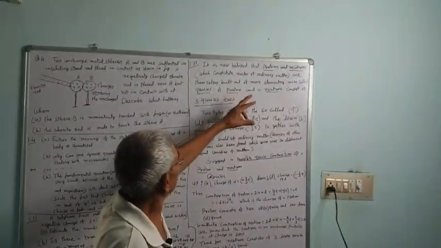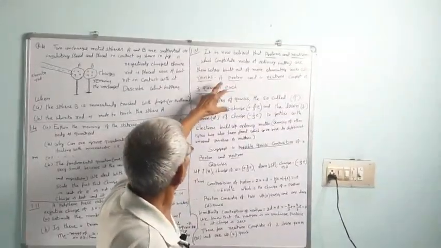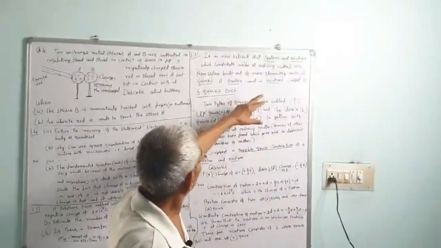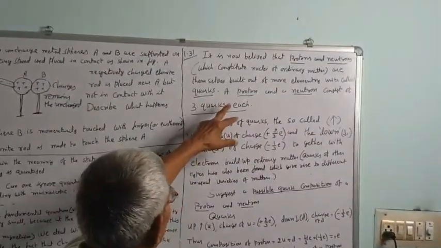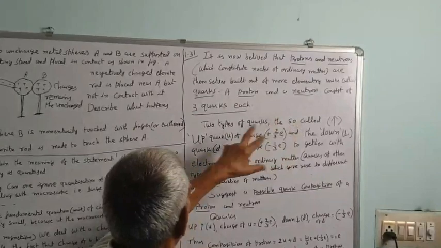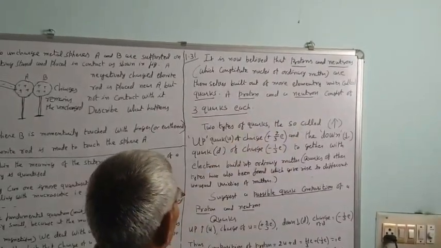It is now believed that the proton and the neutron are themselves built out of more elementary units called quarks. A proton and a neutron consist of 3 quarks each.